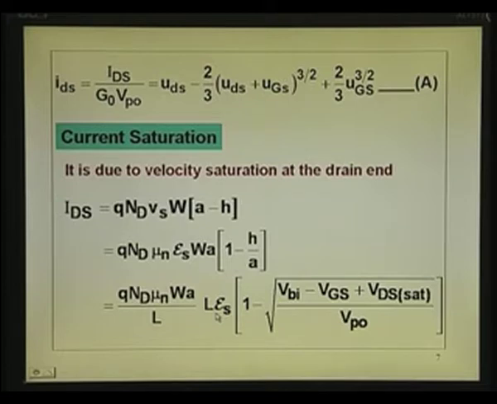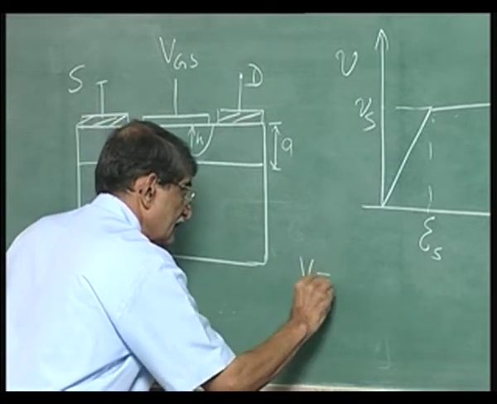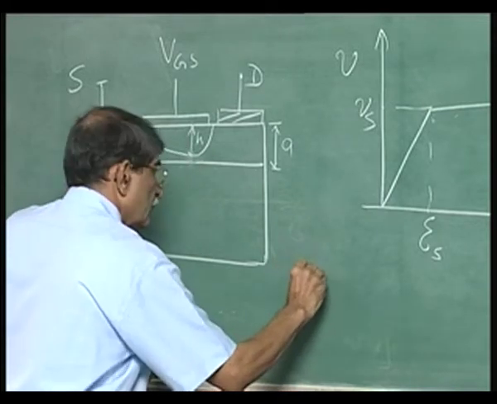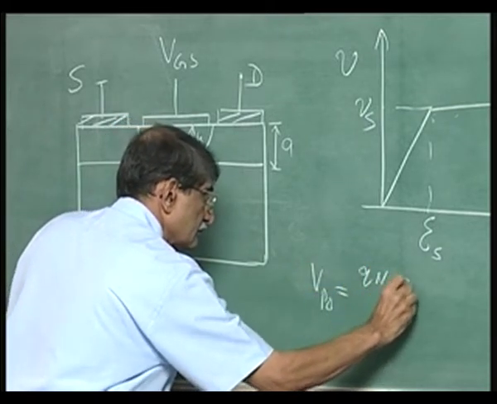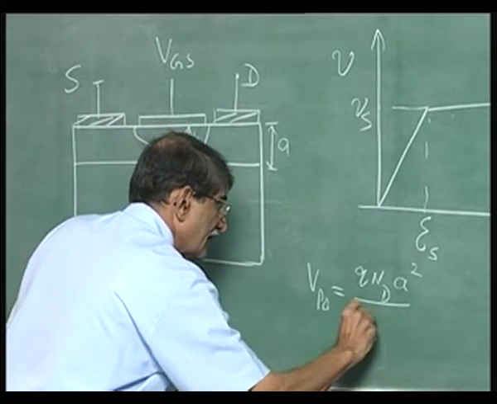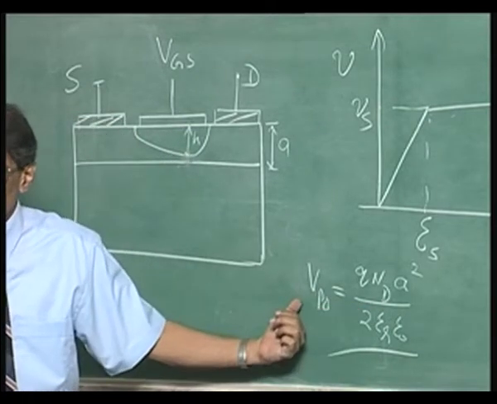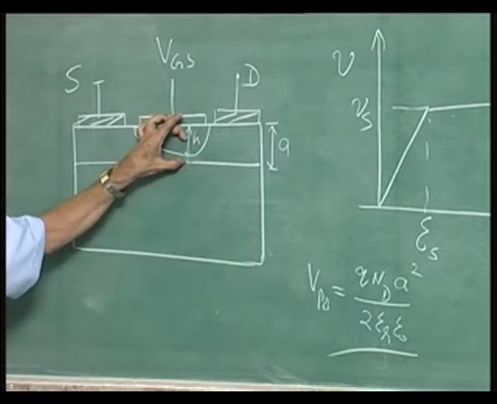What is A? Just to recall once again, I will put it down here. Whatever voltage is there is related to V p 0, the standard formula. So, A is proportional to root of V p 0, and H is proportional to the square root of whatever voltage is present across that.